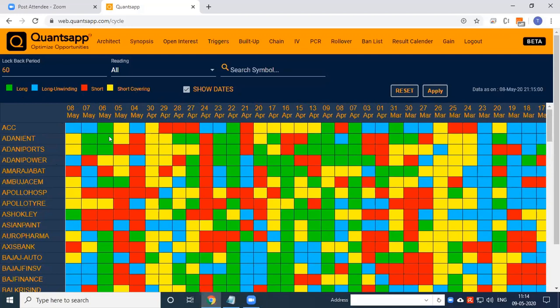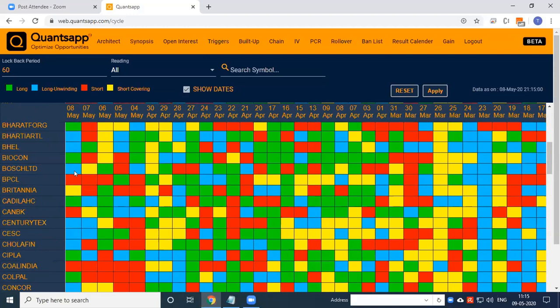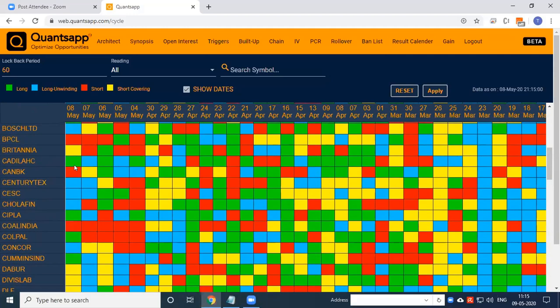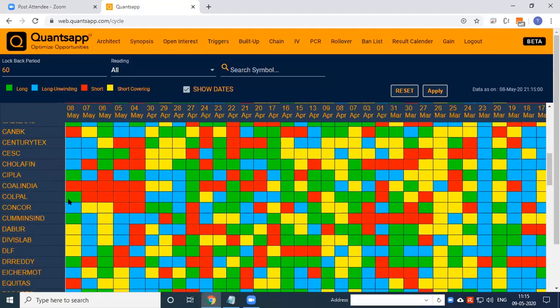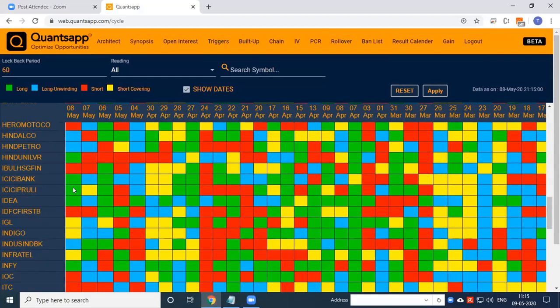So at one glance, if I have to scan the entire market and find out which stocks are seeing longs today, I just see wherever the greens are. Ashok Leyland was there, Bata was there, Biocon was there, Cadila was there, Colgate was there. Then we had Grasim. Then we had ICICI Bank, ICICI Pru.